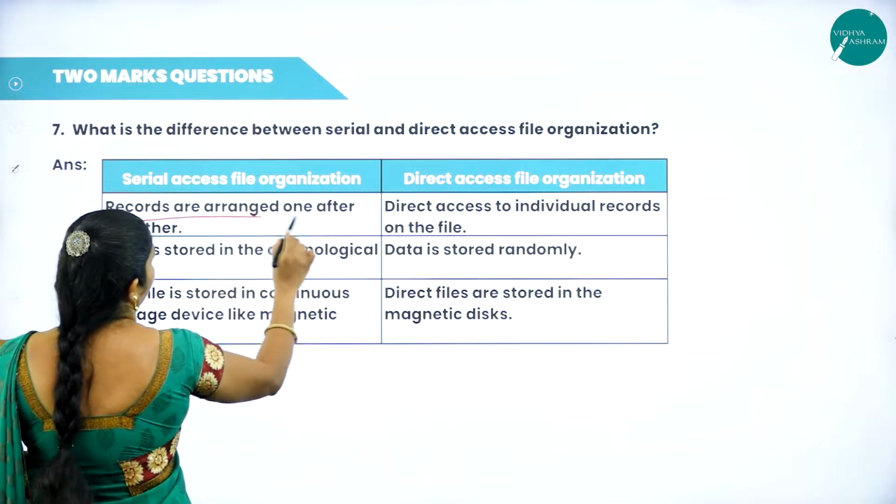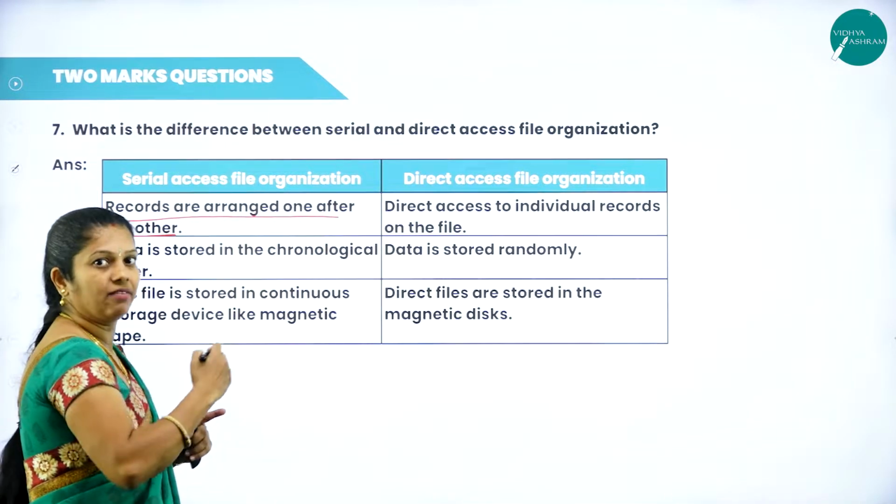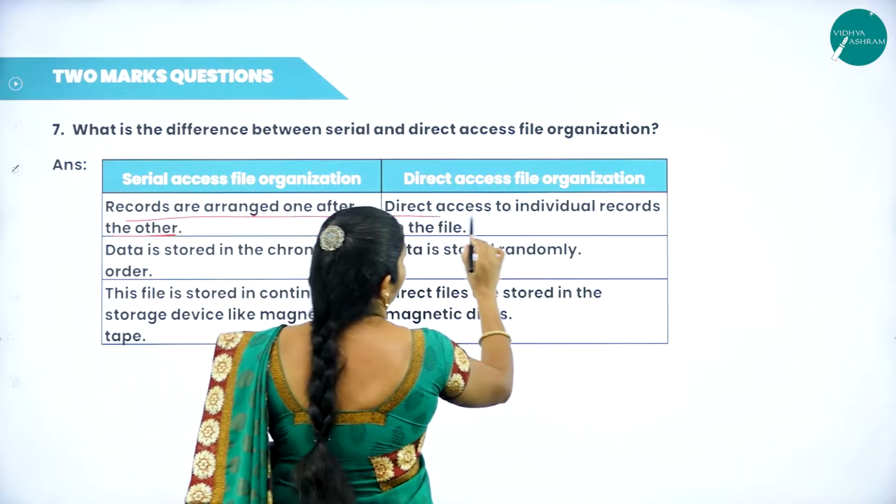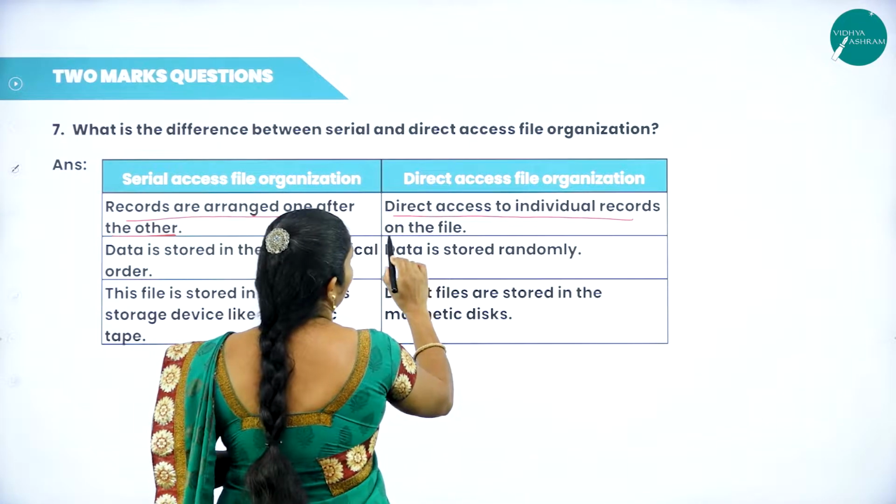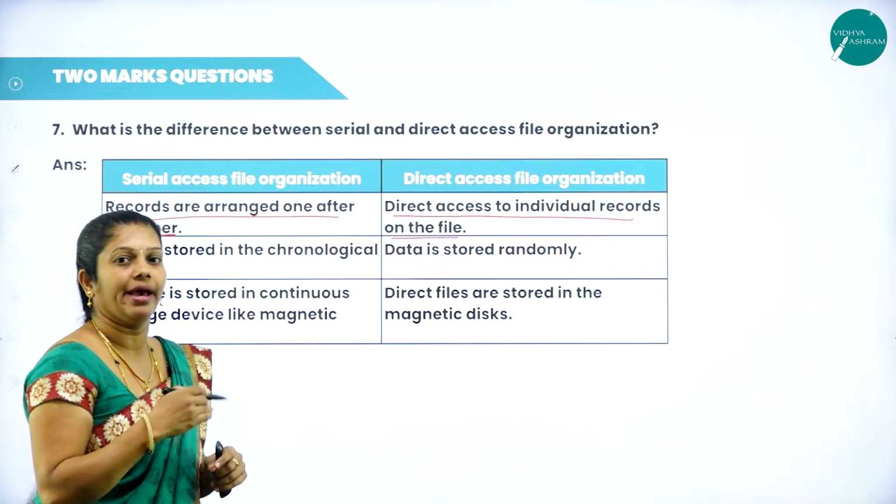In serial, records are arranged one after another, one by one. In direct, there is direct access to an individual record of the file. Directly we can access, or insert, wherever we want.